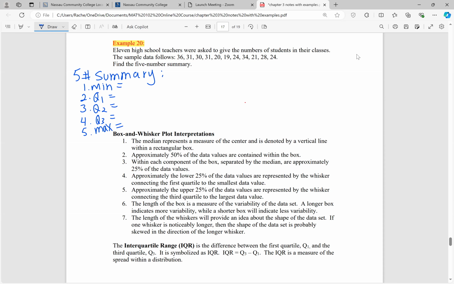So like I explained in the last lesson, it's going to be much more efficient to use the calculator to find the 5-number summary rather than ordering the data values by hand.